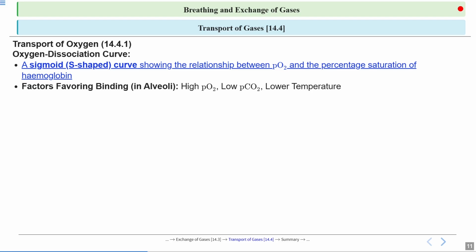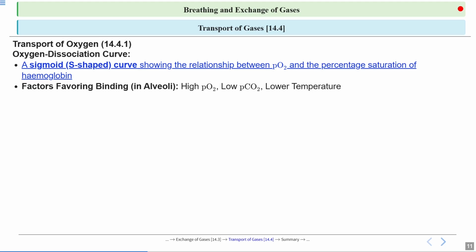Now we will see what factors favor the binding in alveoli. This point is very, very important. In alveoli, what supports the binding of oxygen with the hemoglobin, right? High partial pressure of oxygen, so the partial pressure of oxygen should be more in the alveoli.